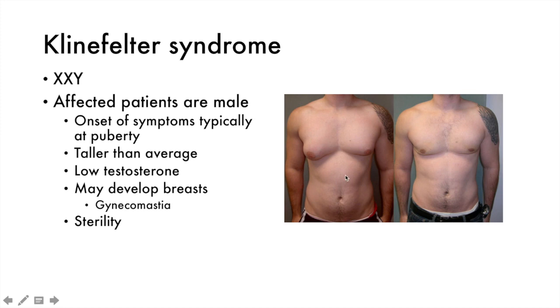And this patient here has gynecomastia, or male breast tissue, that again can be surgically altered to appear normal. And Klinefelter patients are also sterile. But there's just a little bit of a difference in mental faculties, ability to learn, not a lot.